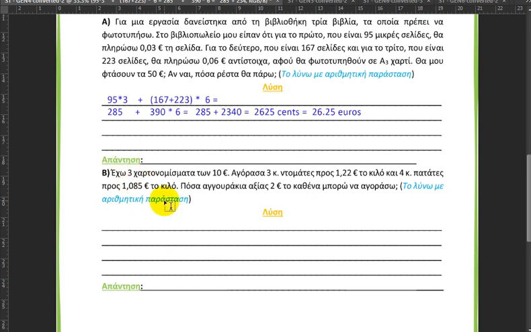So we have 3 times 10 minus the 3 times 1.22, and then minus the 4 times 1.085. And we need to figure out what this divided by 2 is. All of this divided by 2.